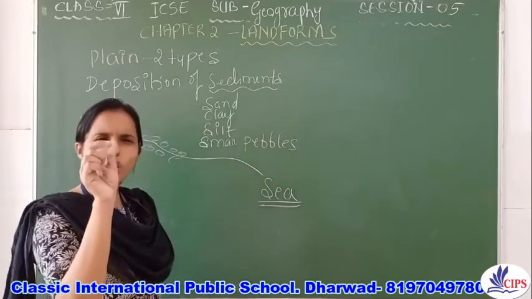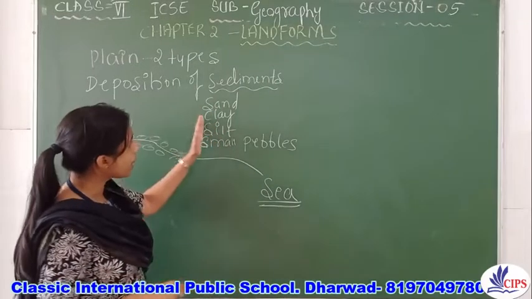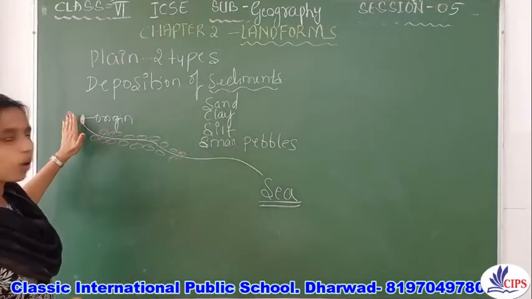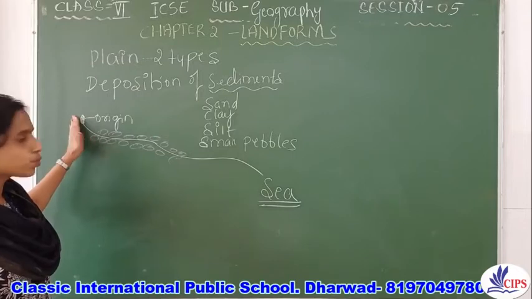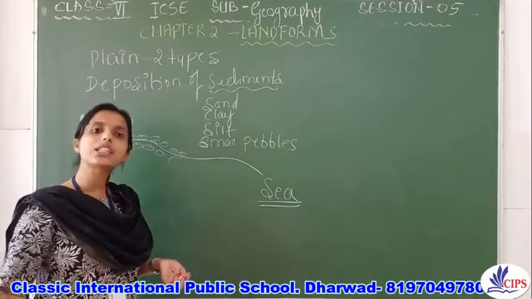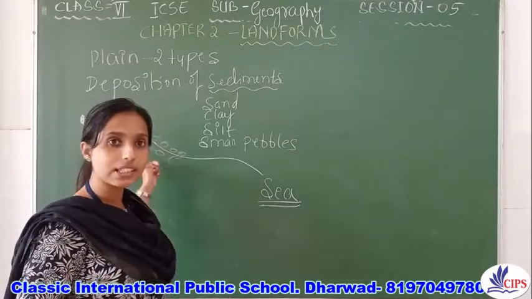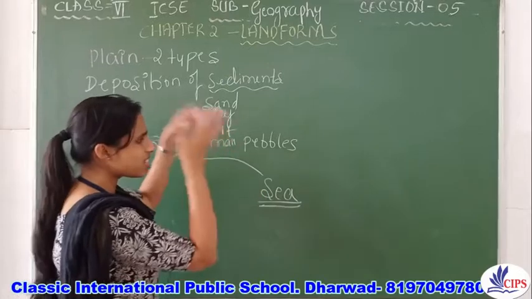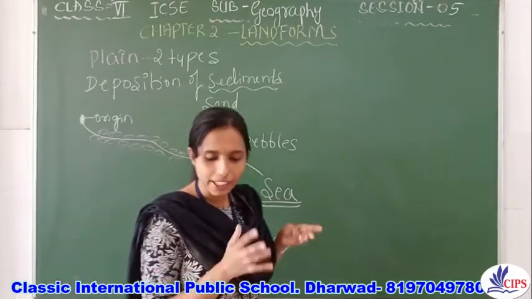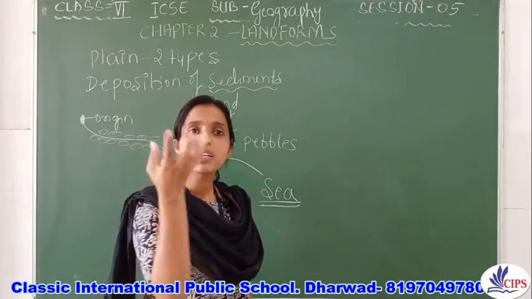Pebbles in the sense small rocks. All these things rivers bring from her origination point. Throughout her course, the river plucks all these things, takes them along with herself and deposits them at some point.